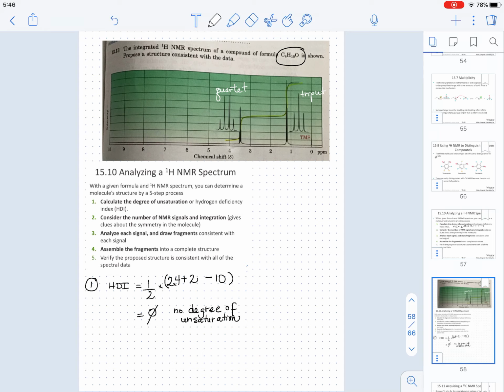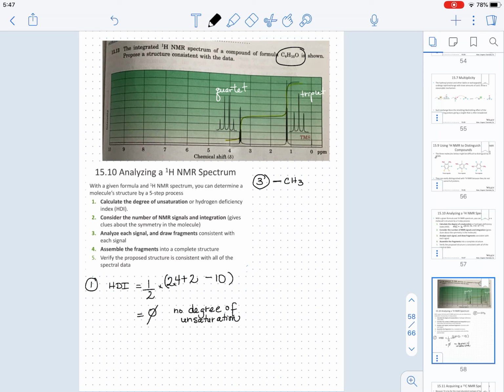Okay, so reviewing the information that we have been discussing, in step 3, this suggests that if I make these signals, then the quartet comes from the idea that the neighbor is going to be a CH3. Because remember that in order for you to have a signal of a quartet, you need to have a neighbor that is going to specifically have 3 equivalent protons.